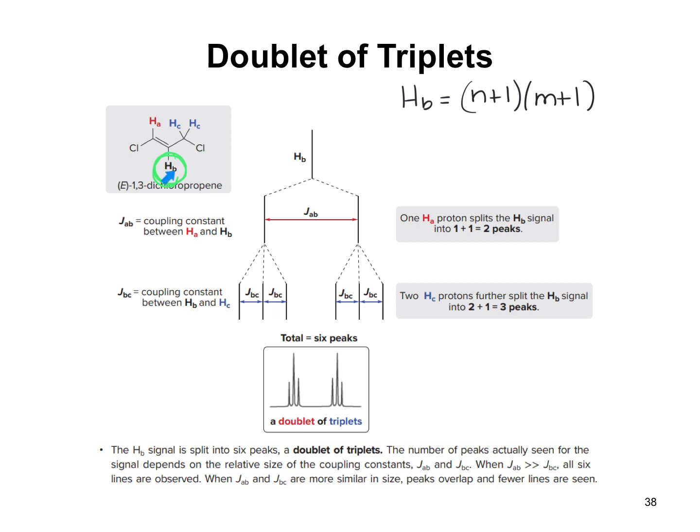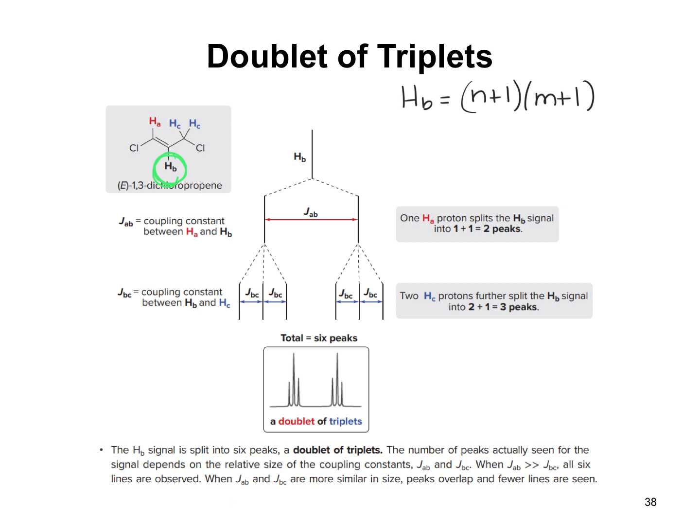So he gets split once, and then he's going to get split again by these HCs over here. And so those peaks get split into 3 peaks here and here. And so you end up with something called a doublet of triplets, because this guy split first into a doublet, and then these n plus 1 split into triplets here, right? And so you get a total here of 6 peaks.